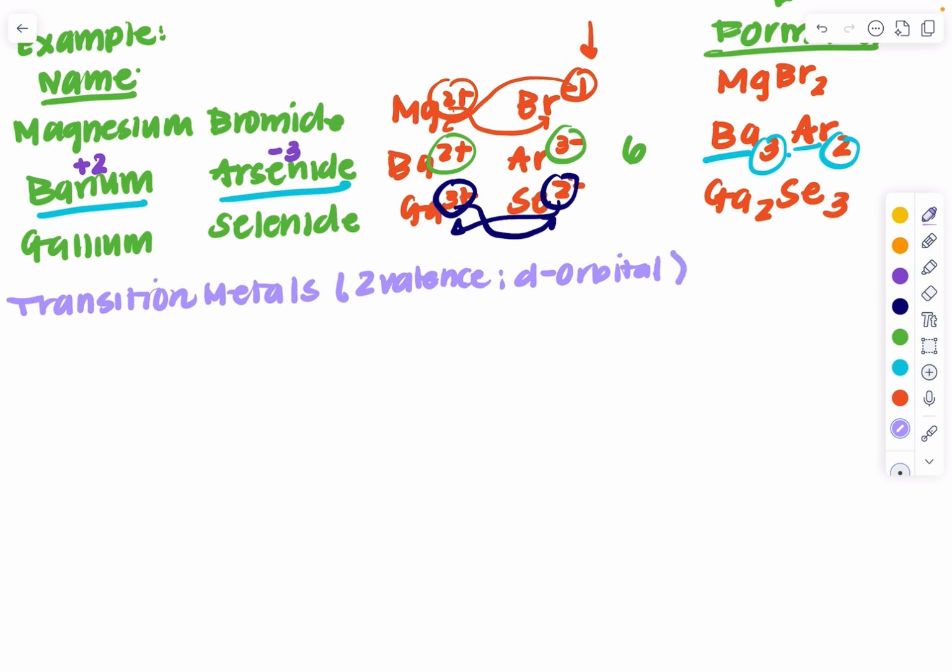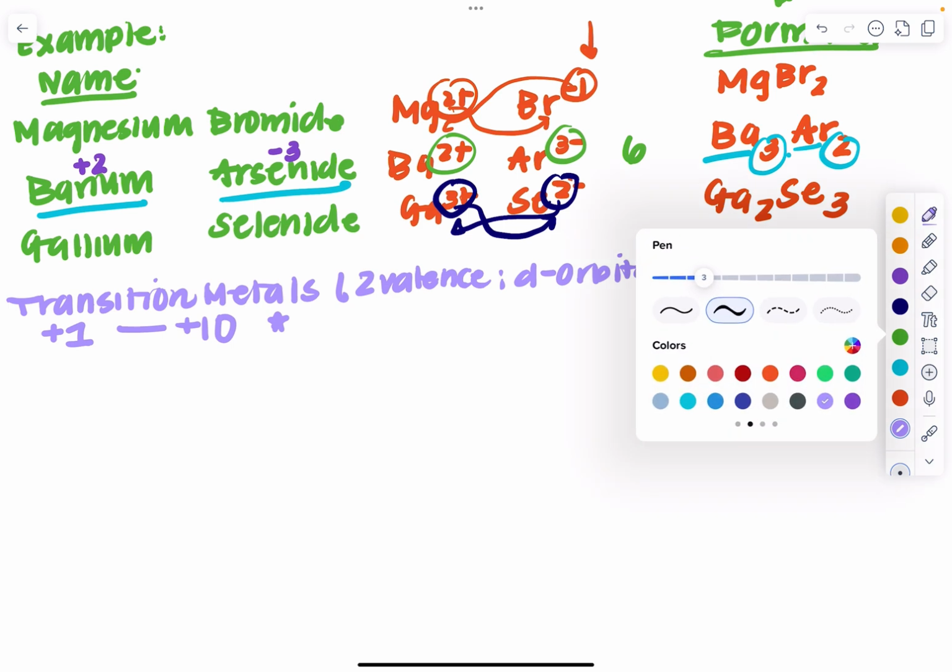So even if we're in the 4th energy level, we still have an empty d orbital. In that case, that can hold up to 10 electrons. So transition metals can have a charge of +1 all the way to +10. And not all of them have every single charge, but it's kind of a good description of how many charges they can have.